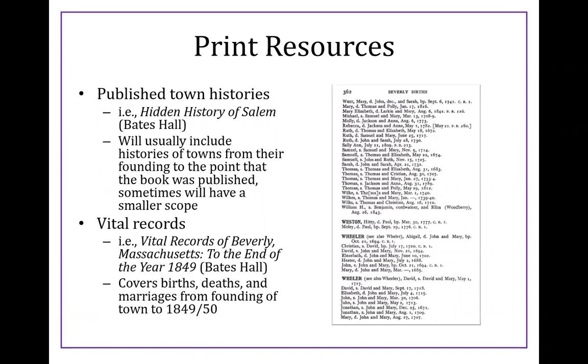So anyone familiar with genealogy research in Massachusetts knows these as the tan books. They cover births, deaths, and marriages from the founding of a place up through 1849 or 1850. Depending on how big the place was, there might be one or more volumes. For instance, I believe Salem has 6 volumes. How big they are depends on how big the place is.